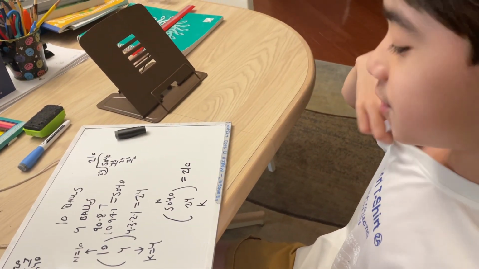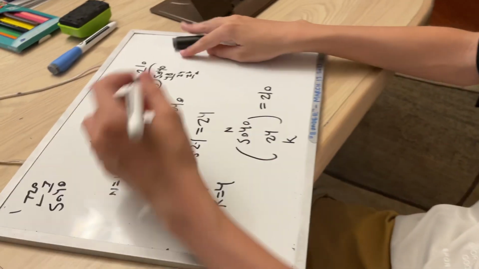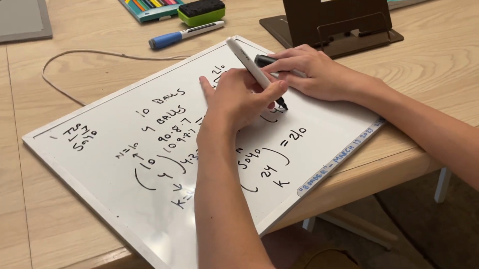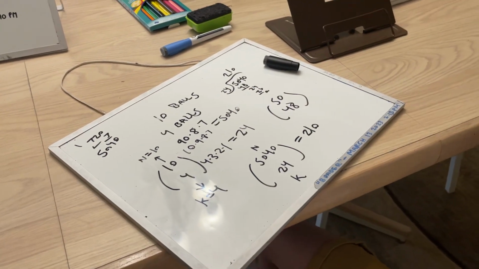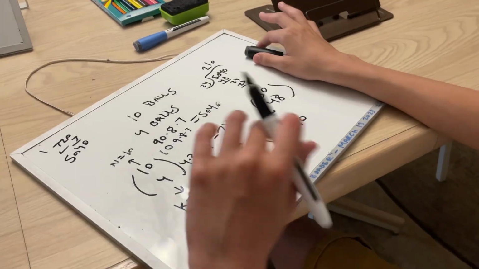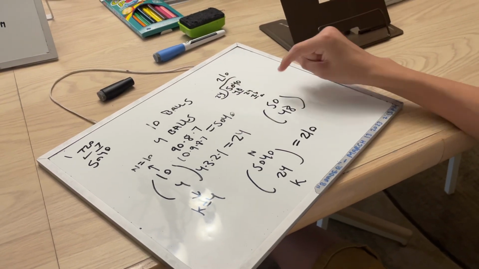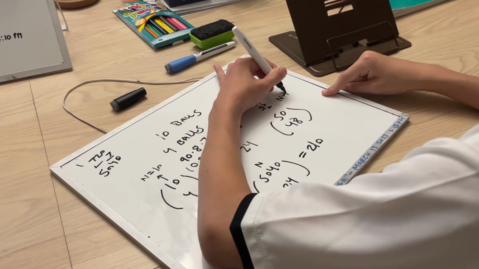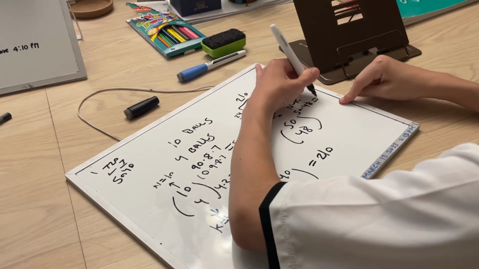Now, there is a trick to make these numbers smaller if you don't want to deal with super huge numbers. Say you had 50 and 48. You wouldn't want to go 50 times 49, all the way down to times 2, because that would take way too long and would result in huge numbers. So instead, you can do your N minus your K, which in this case is 50 minus 48, which is 2.